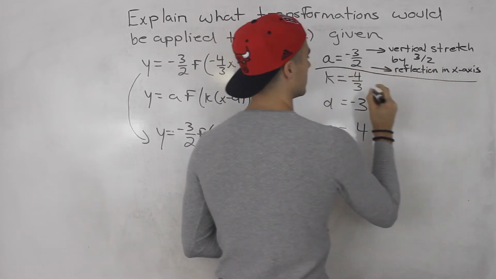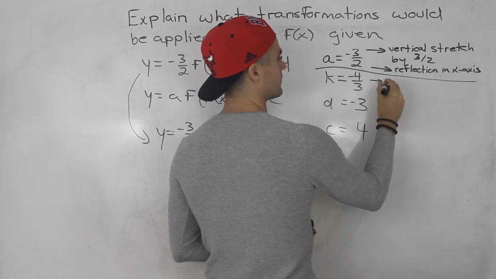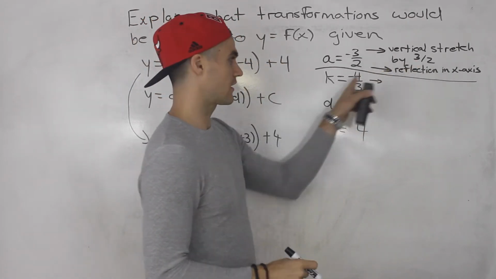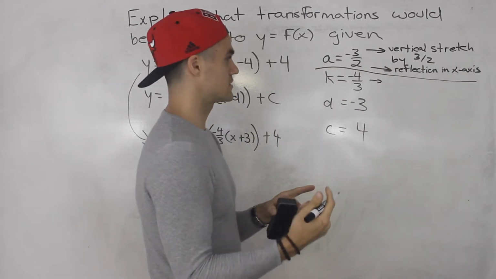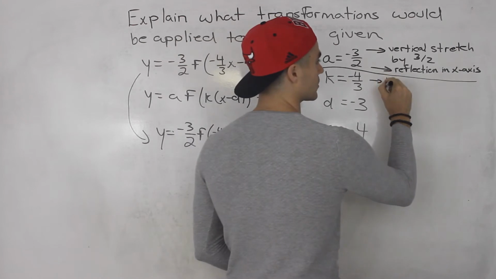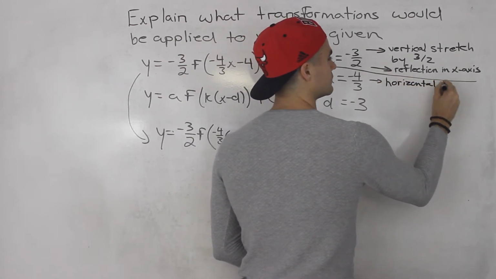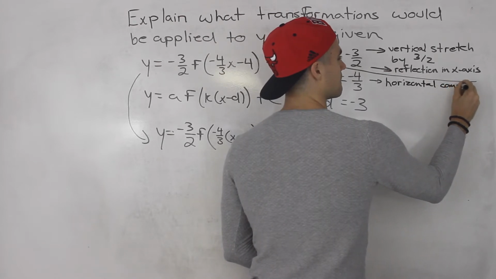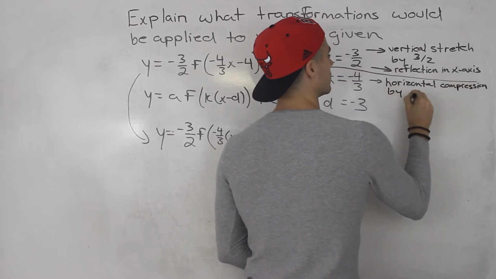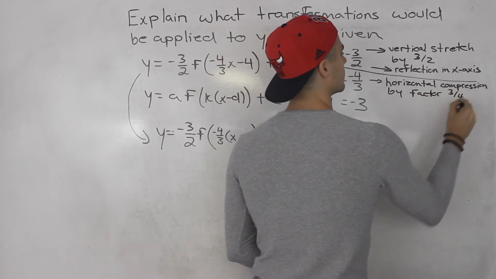All right. K value of negative 4 over 3 means when we talk about the factor, remember the k value, you have to flip it. So the factor is going to be 3 over 4, it means it's a horizontal compression by factor 3 over 4.